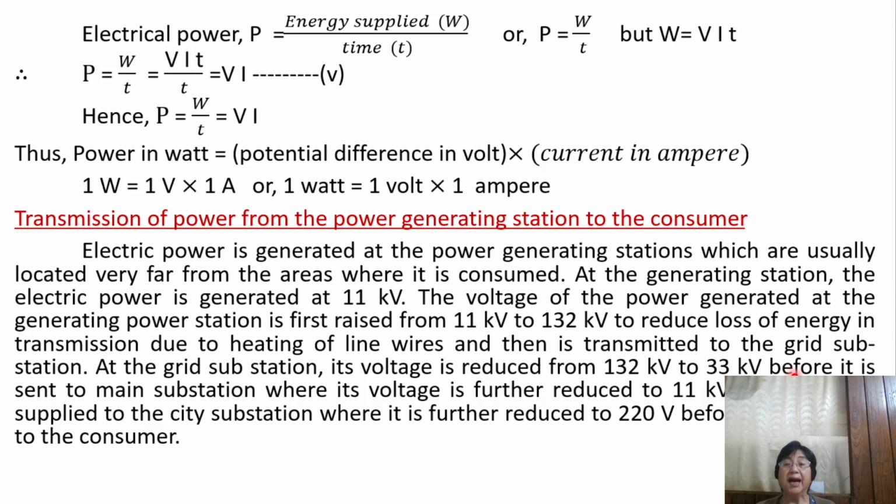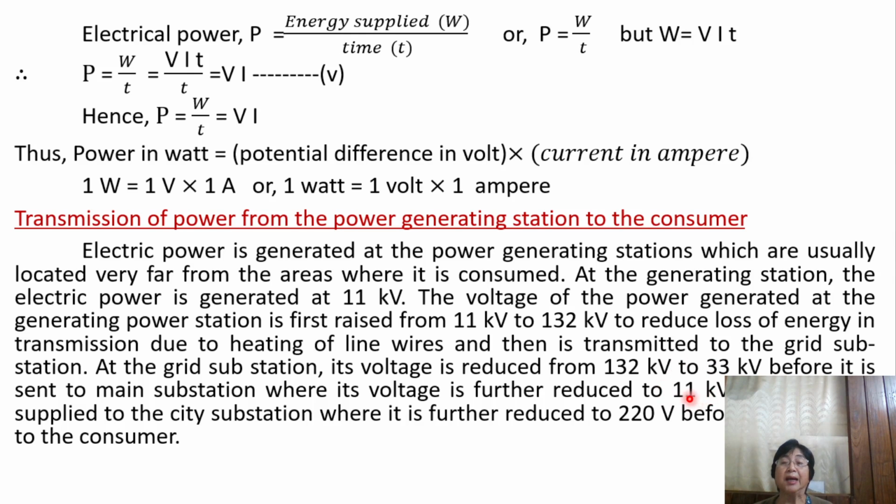Then from the grid substation, it will be sent to the main substation, and at the main substation, its voltage will be reduced to 11 kilovolt. Why 11 kilovolt? Because small factories and small industries will need this voltage in order to operate their machines.